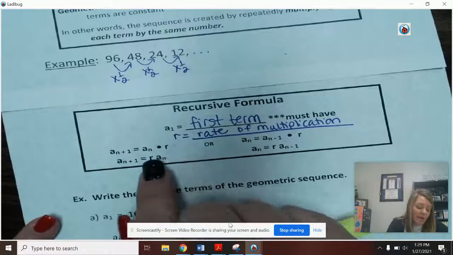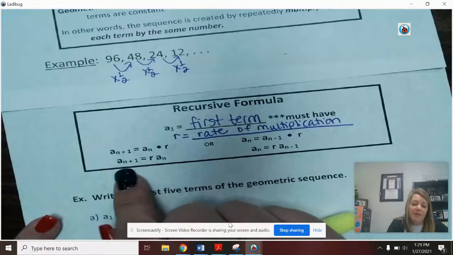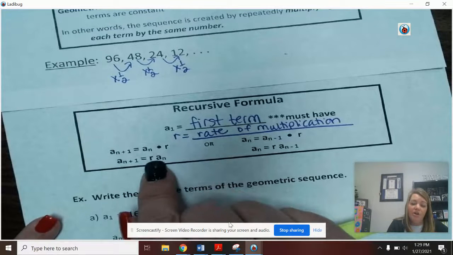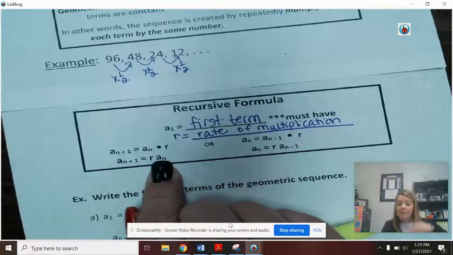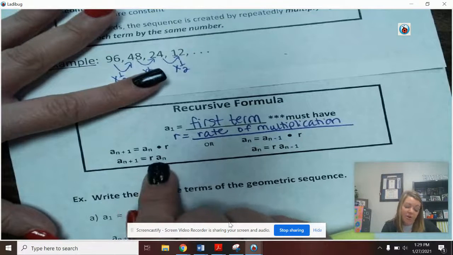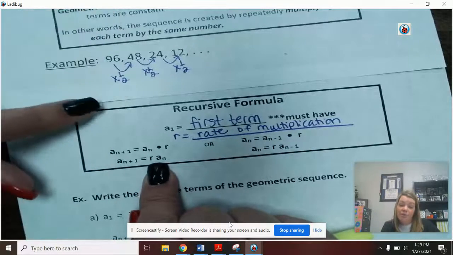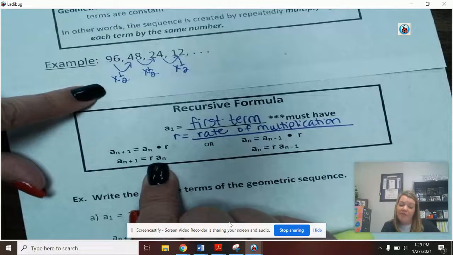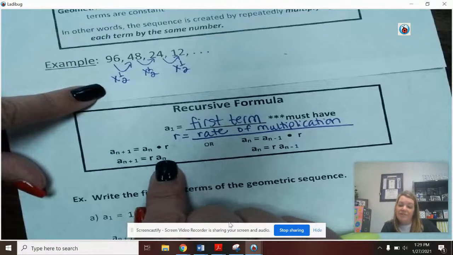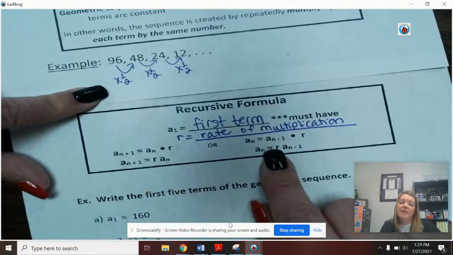So then also this formula just has this rewritten with the R in front of the A sub n because that's how you see it most of the time. Most of the time when you see it, the R, the rate that you multiply by, which up here is like the 1/2, it's usually written out in front of the A sub n. So that's why I wanted to show it to you like that.